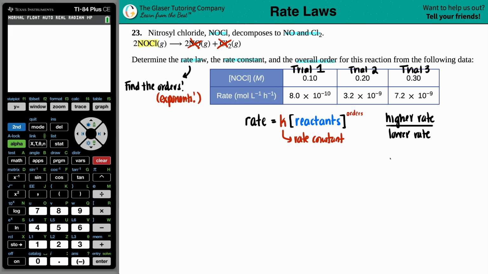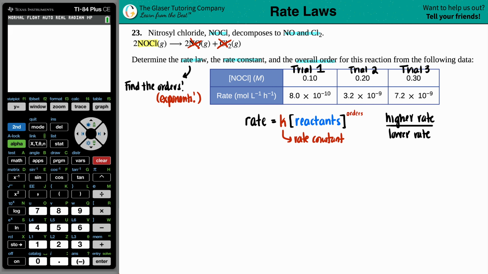It doesn't matter which trial we use in this case because we only have one reactant. I just have to pick a higher rate over a lower rate. If you want to try a different choice than I did, we technically should get the same answer at the end of the day. For me, I noticed that 10 to the negative 9th is a greater exponent than 10 to the negative 10th.